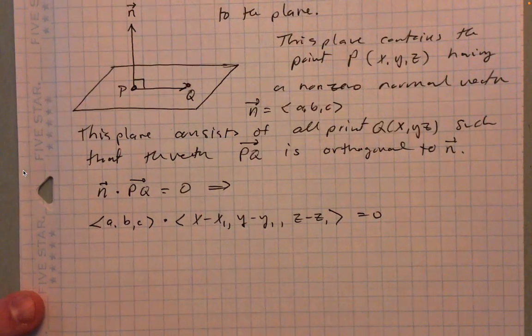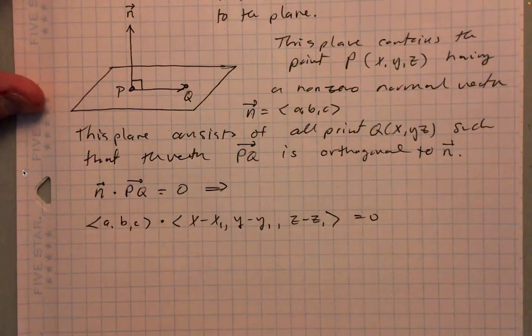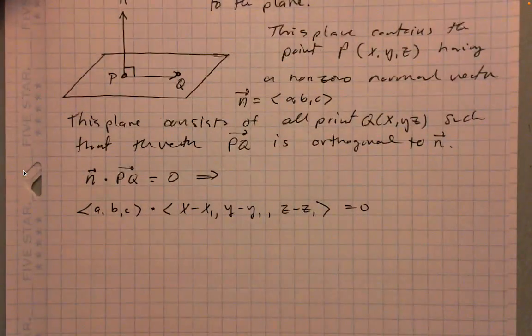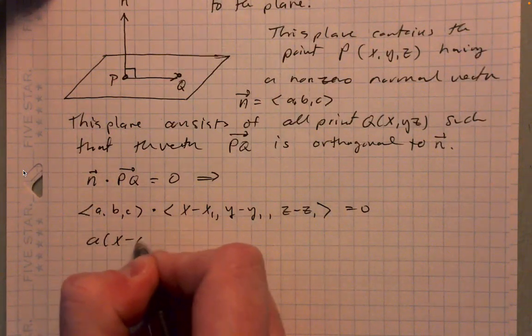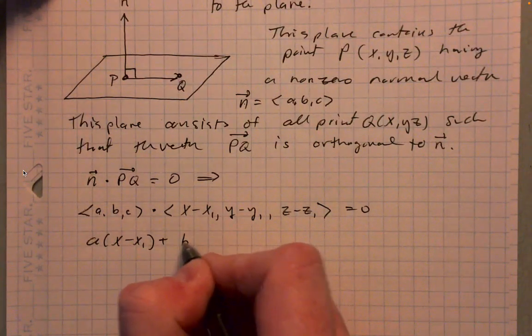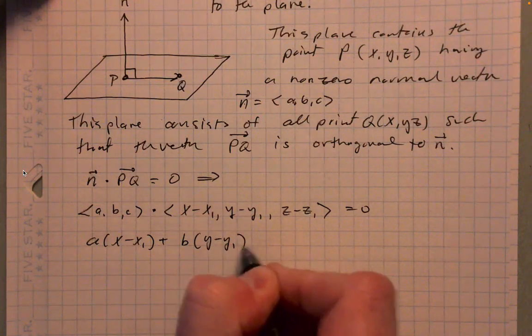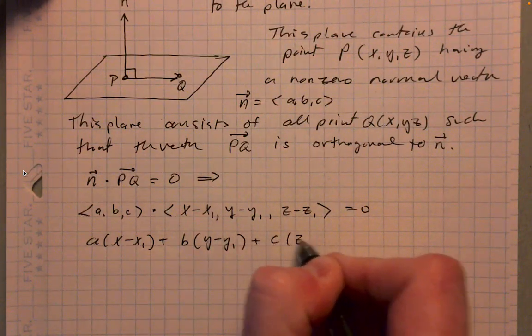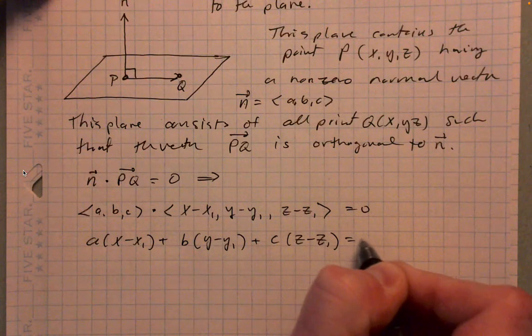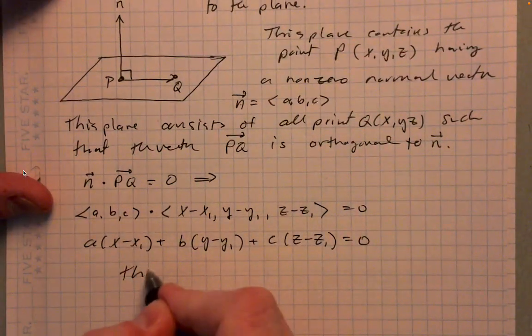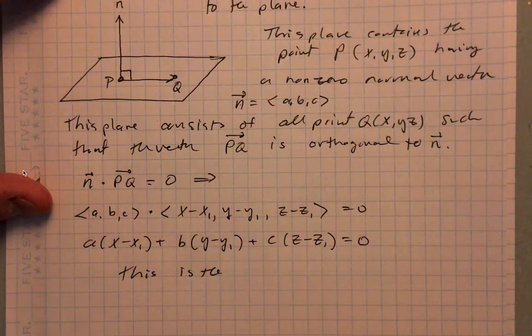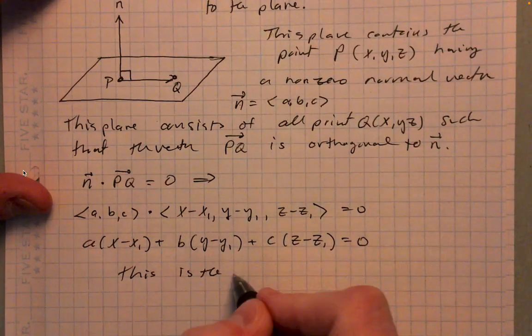And so we can derive the equation for a plane using this. What we see is that A times X minus X1 plus B times Y minus Y1 plus C times Z minus Z1 is equal to 0. Okay, this is the equation of the plane.